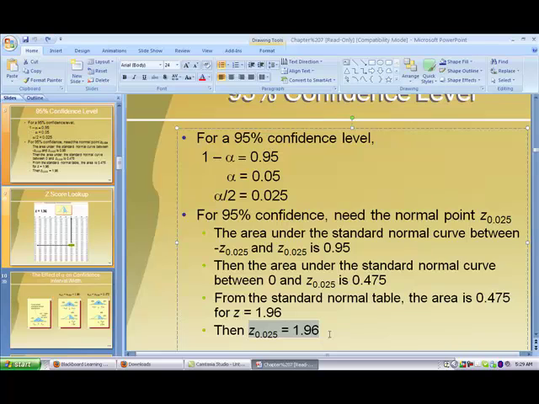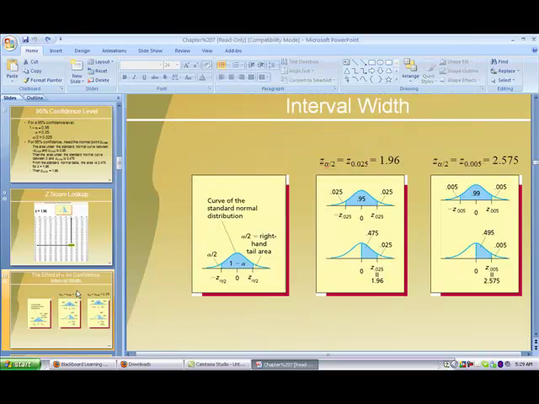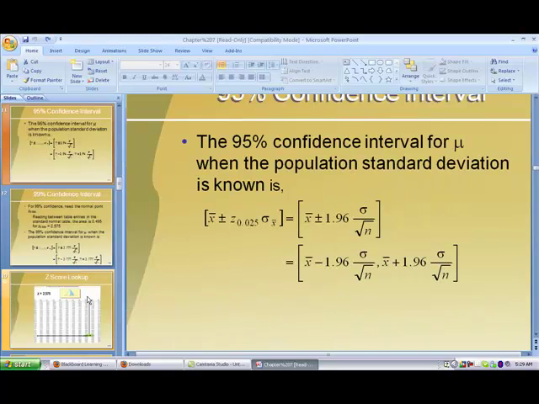If you do a couple of problems, I think you'll memorize it off the top of your head. The z-score for this is 1.96, and for a 99% confidence interval, it will be 2.575. As an exercise, you can do this 99% one. Might be fun. I doubt it.